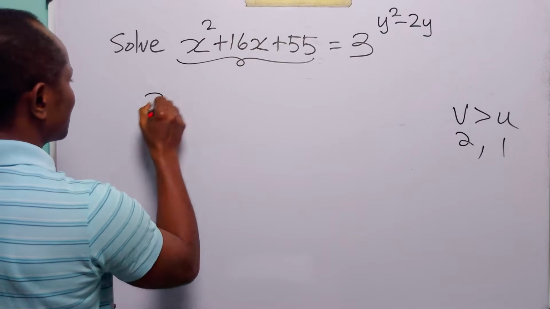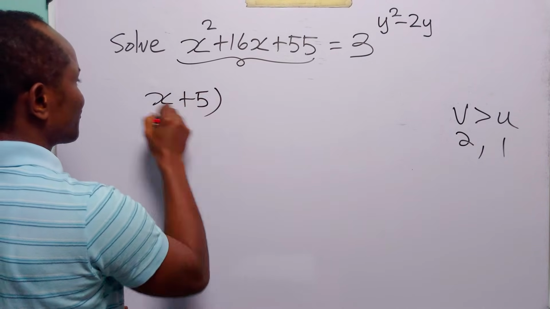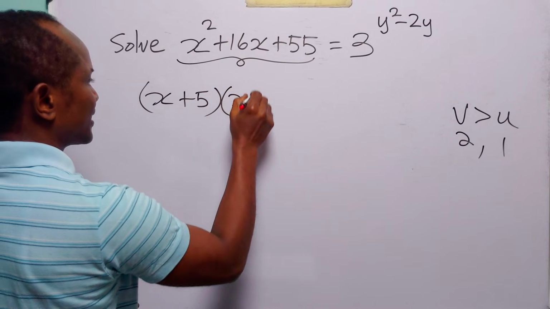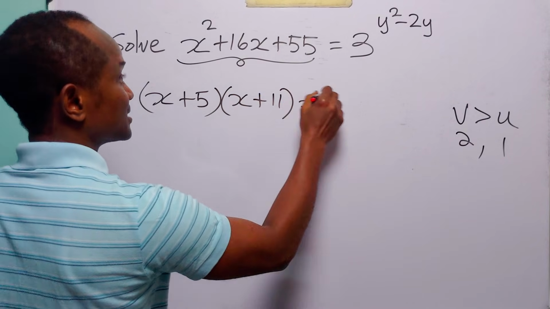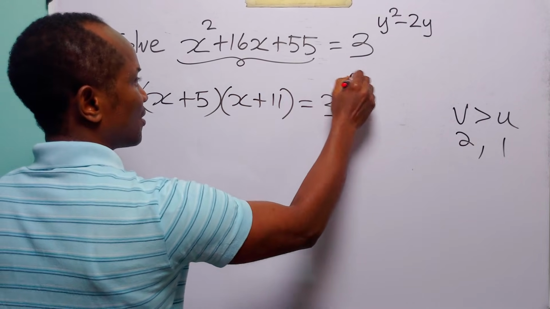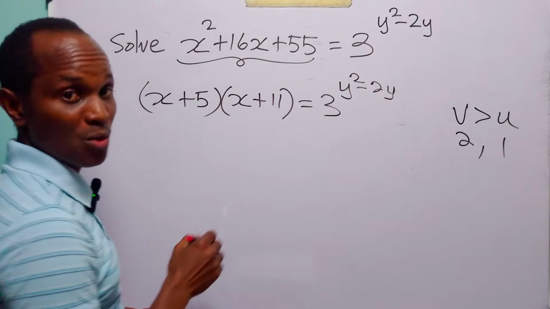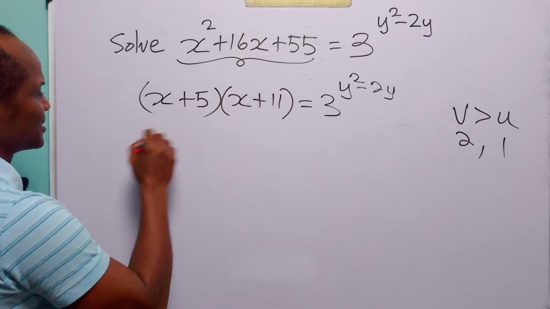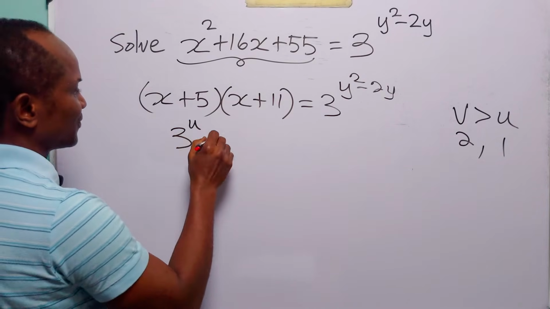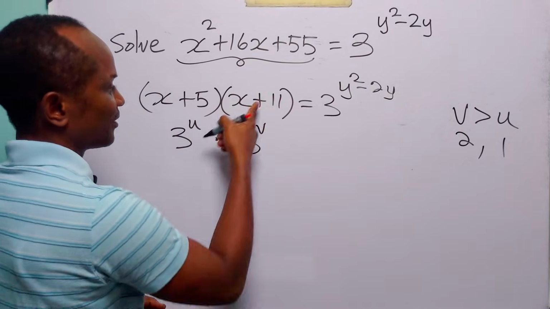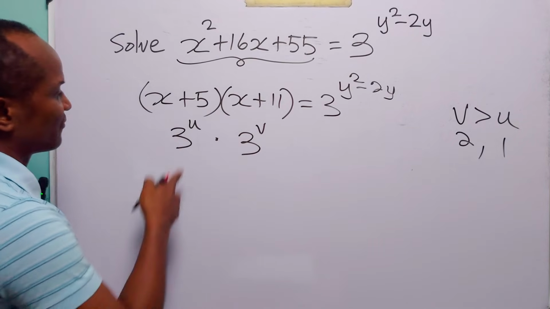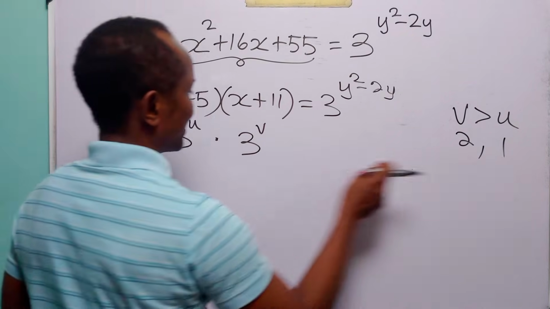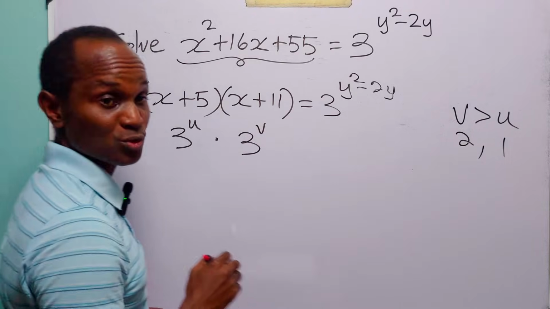From here we have x plus 5 multiplied by x plus 11 is equal to 3 to the power y squared minus 2y. Now we substituted 3 to the power u for this and 3 to the power v for that. We have found that u is equal to 1 and v is equal to 2.